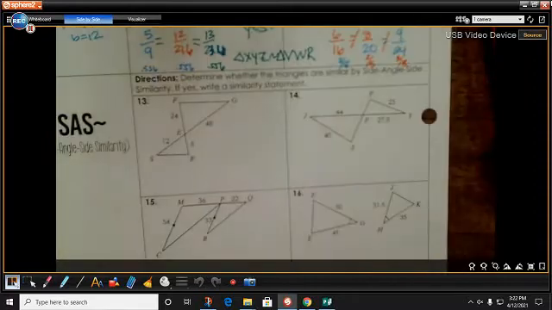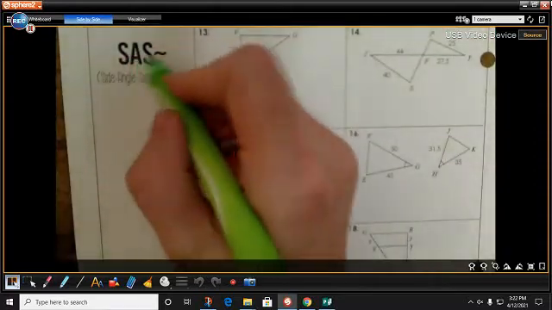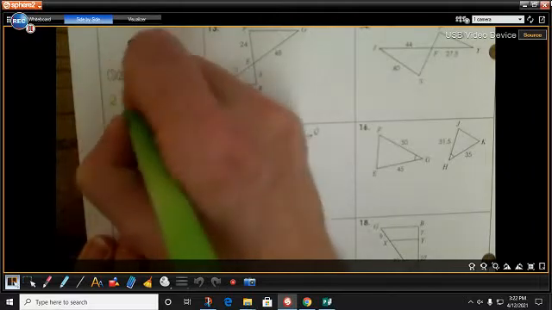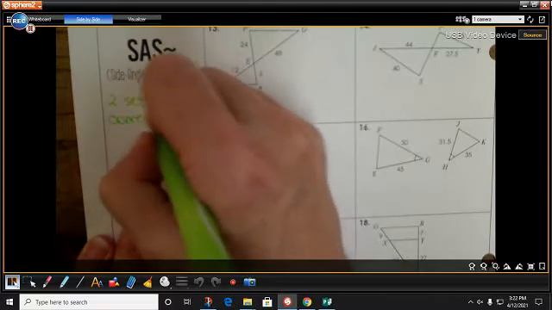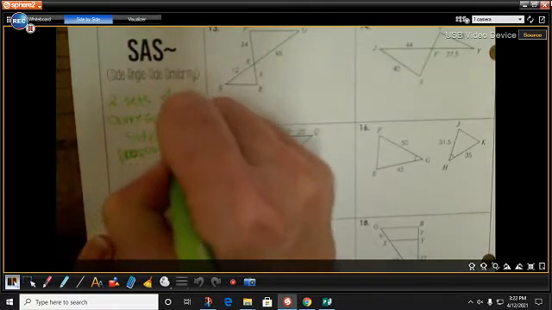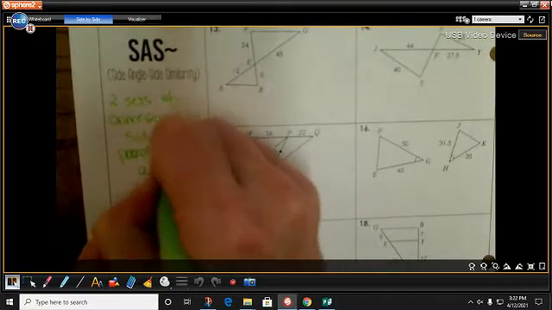The last similarity setup we have is side angle side similarity. The way side angle side similarity works is I need 2 sets of corresponding sides that are proportional, and the included angle has to be congruent.